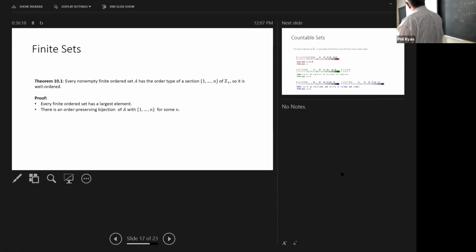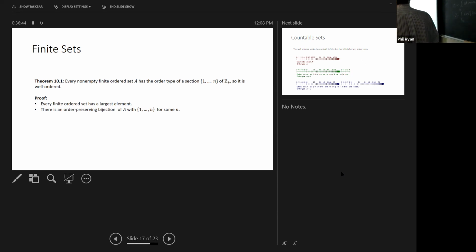Finite sets. Basically, for each n, there's only one ordered set of that cardinality. And it's the same as the order type of just a section of the positive integers.